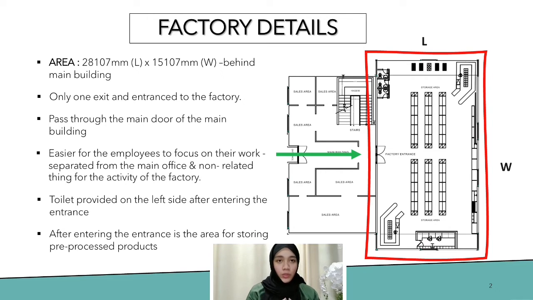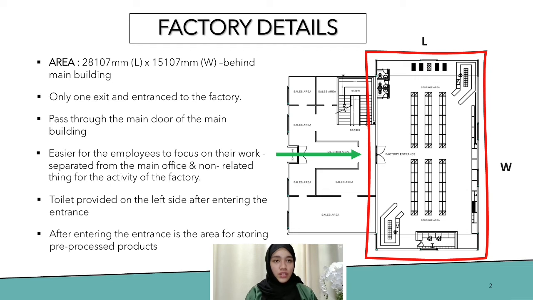In this case, it will be easier for the employees to focus on their work at the factory area because the main office is separated from the factory area, and also the non-related things for the activity of the factory. The factory was designed with an open floor method where people can see through the whole interior from the entrance of the factory.